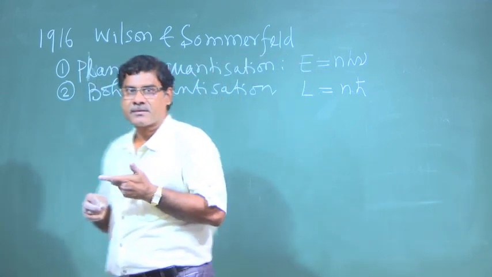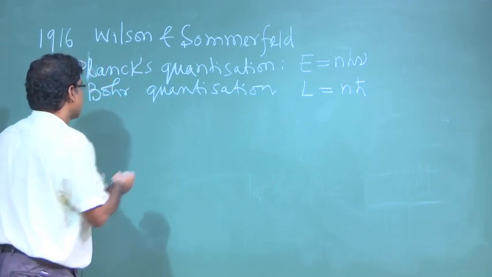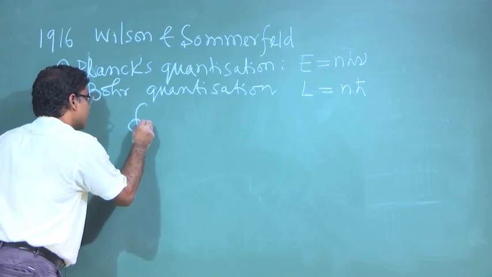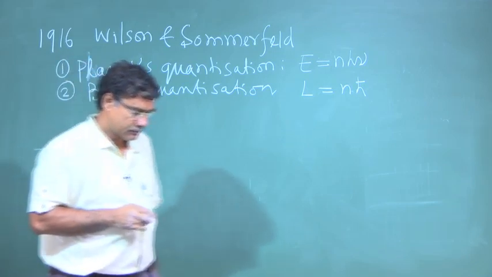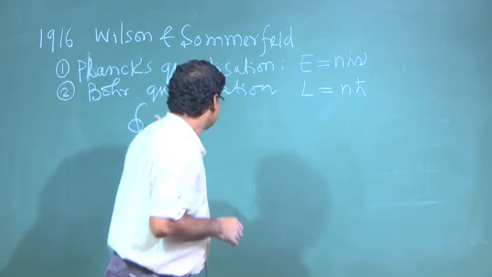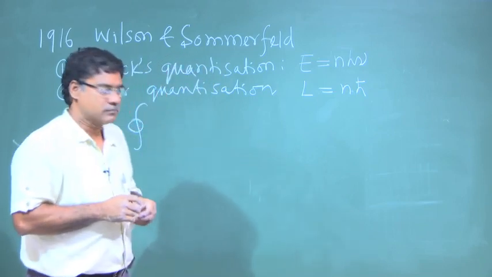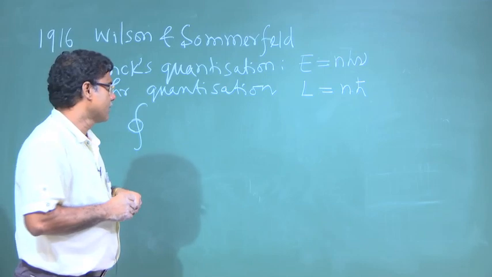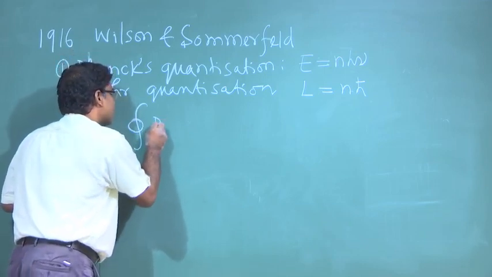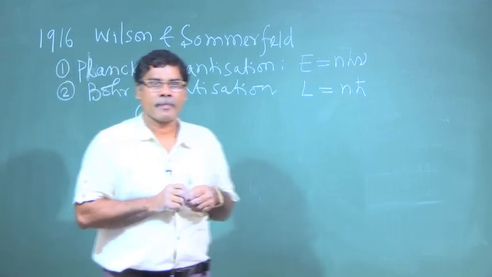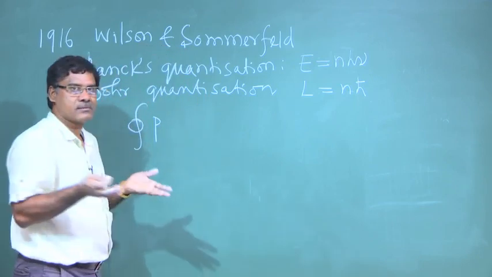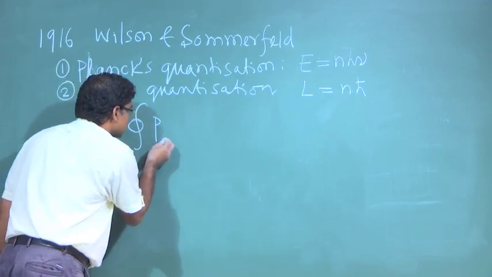So, based on that, they gave the general action, called the action integral. To describe a system we need momentum and space coordinate, say p and q, the generalized coordinate.